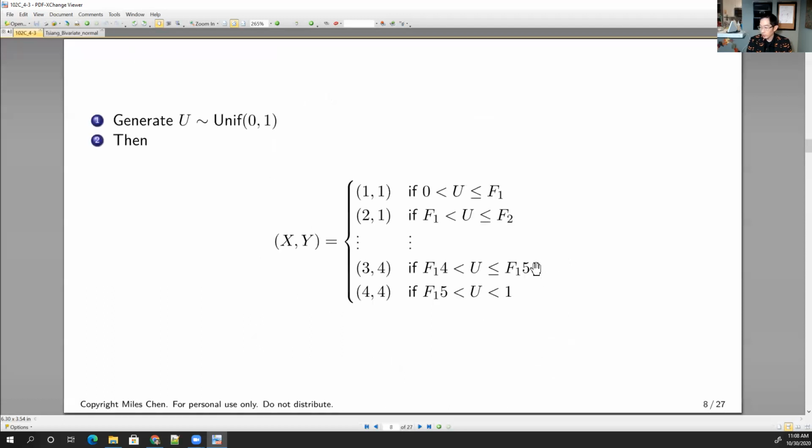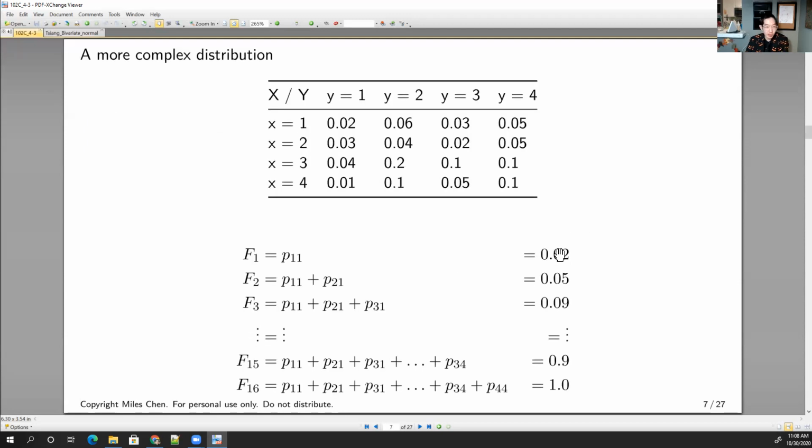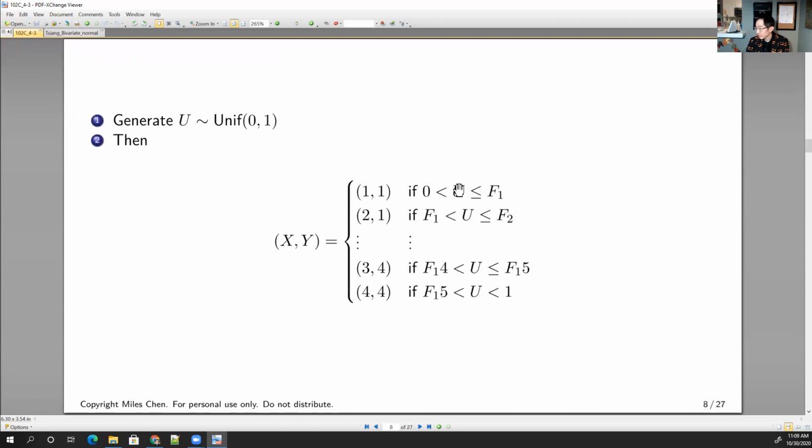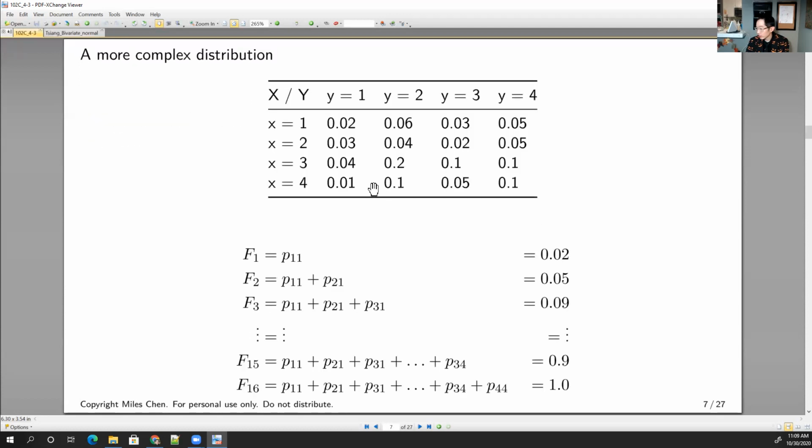And we're going to apply the same rules. If I generate a random value u, and my first value is less than 0.02, so it's between 0 and 0.02, like 0.015 or something, then we're going to set x and y equal to 1. Okay, x and y will be 1 and 1.